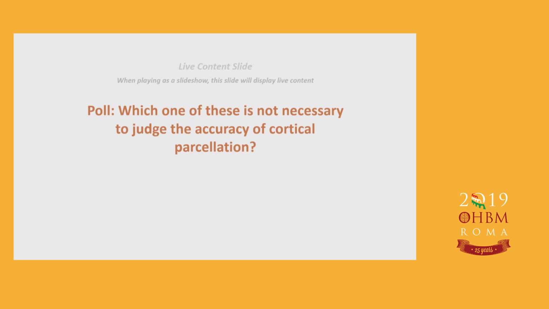I guess I didn't cover this as well as I should have. But the correct answer is cerebellar segmentation. It's actually a little tricky. Usually this is not necessary. Maybe I should say that.